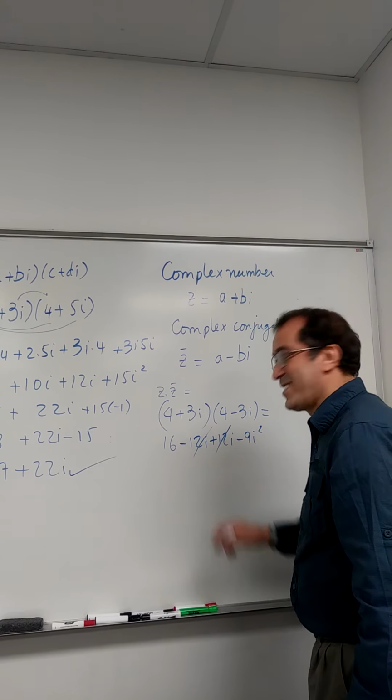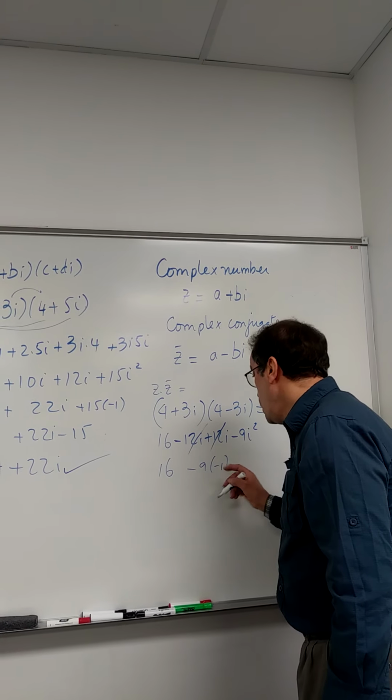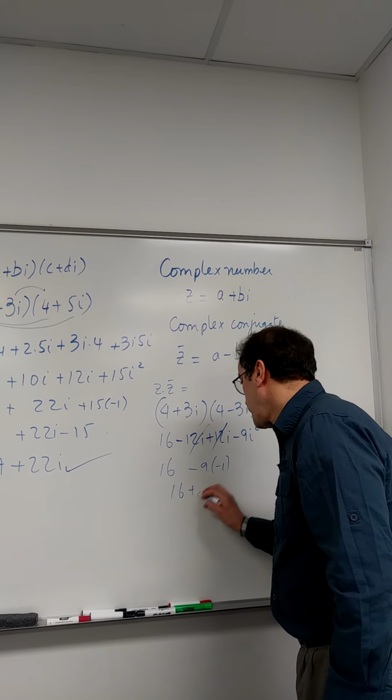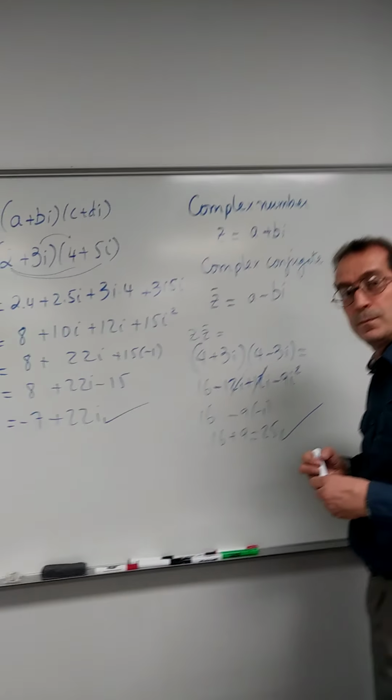The imaginary part cancels. That leaves us with 16 minus 9 times the minus 1, which is plus 9. And that's 25. So the answer is 25.